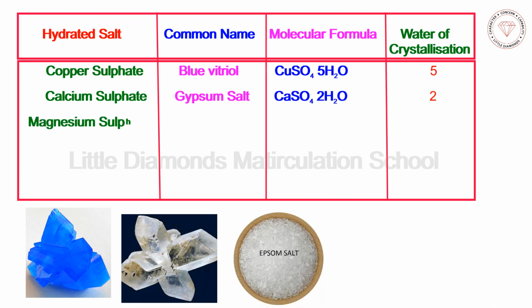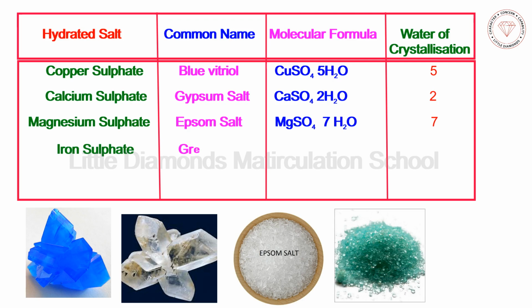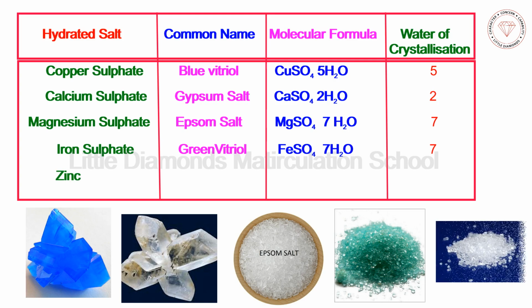Magnesium sulfate, Epsom salt, MgSO4·7H2O, with 7 water of crystallization. Iron sulfate, called green vitriol, FeSO4·7H2O, has 7 water of crystallization. And zinc sulfate, called white vitriol, ZnSO4·7H2O, also has 7 water of crystallization.